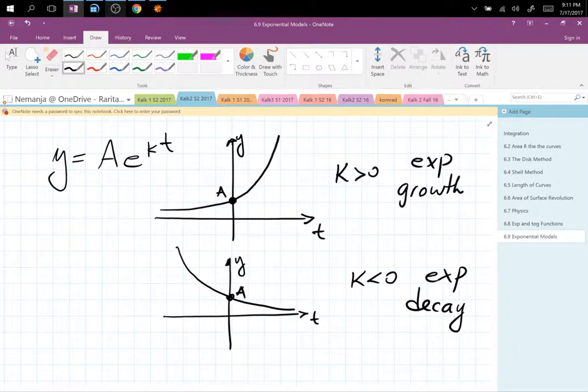And also metabolizing drug in the body. So there's a lot of application for exponential decay.